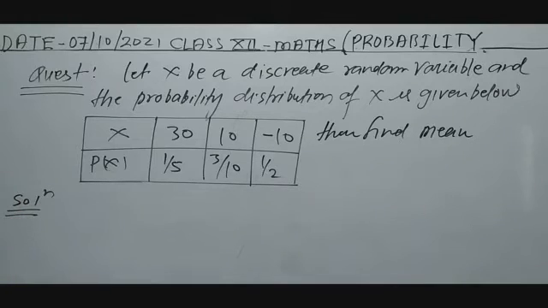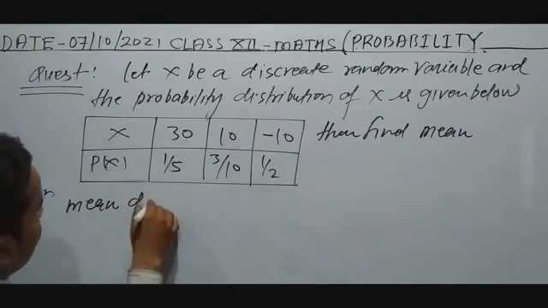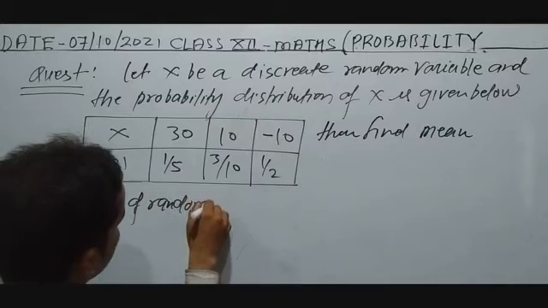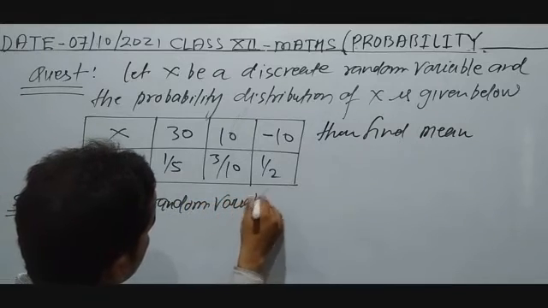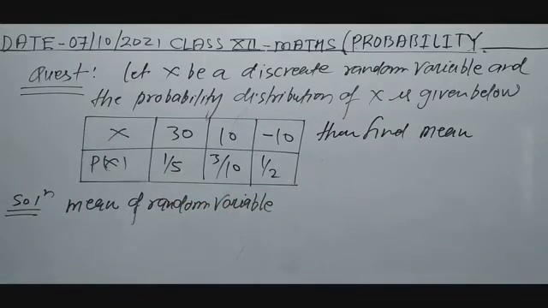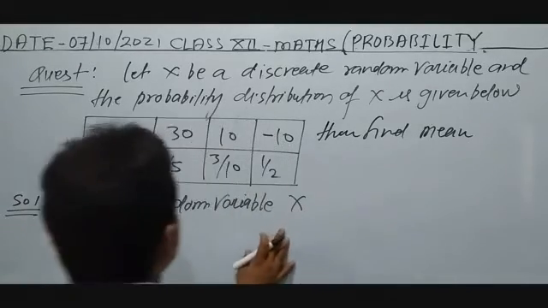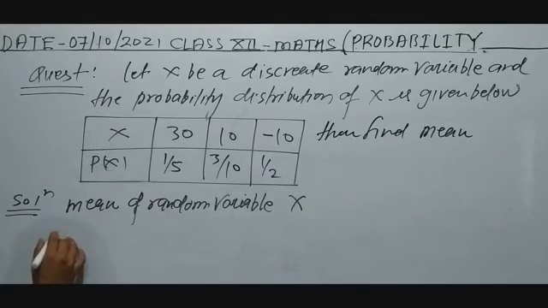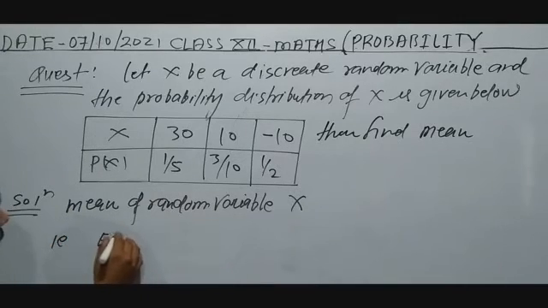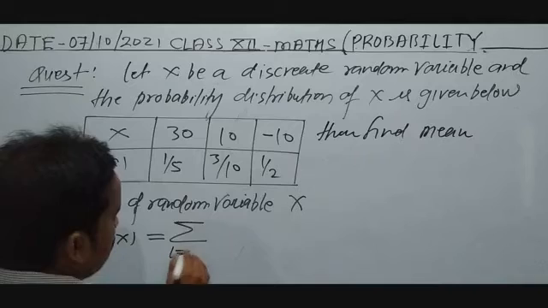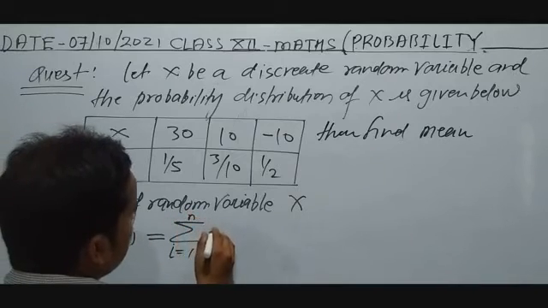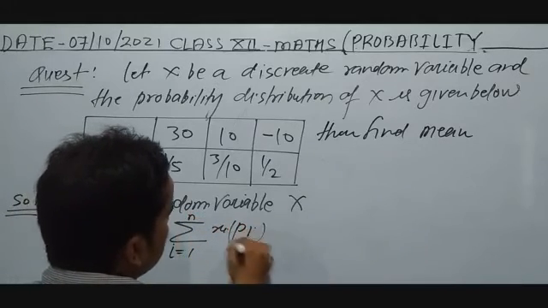The mean of random variable X, that is E of X, is equal to sigma i equals 1 to n of xi pi.